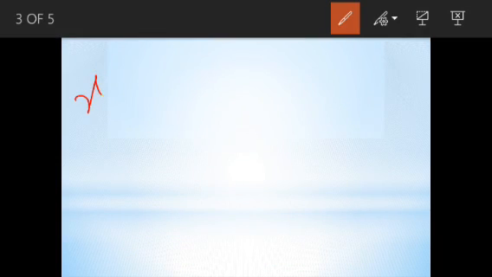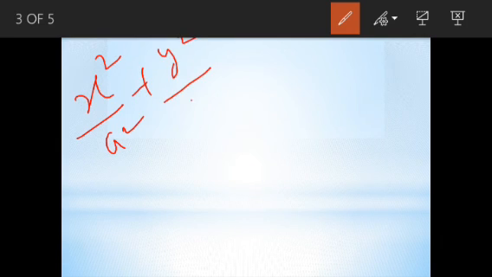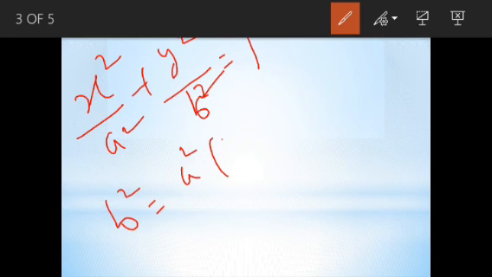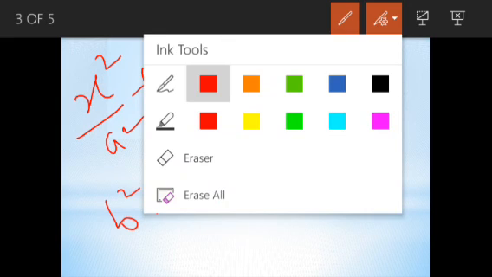Here the equation of the ellipse is x square by a square plus y square by b square is equal to 1. Here b square is always equal to a square into 1 minus e square.